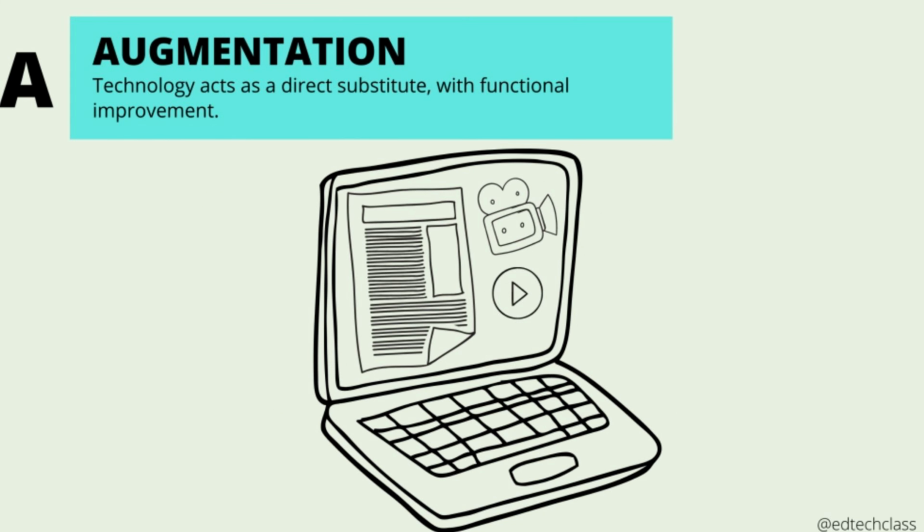So the next one is augmentation. Technology acts as a direct substitute with functional improvement. Augmentation enhances the learning experience by adding features and functionalities that improve upon traditional methods. It allows students to engage with content in a more interactive and engaging way, promoting deeper understanding and retention.